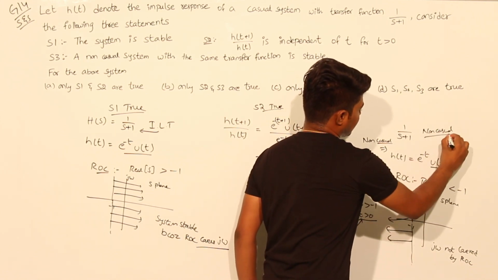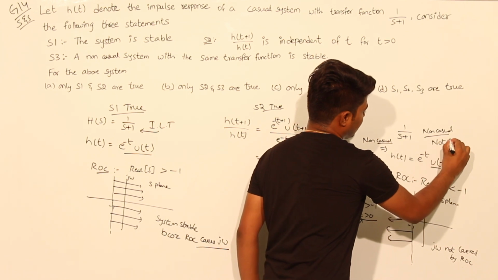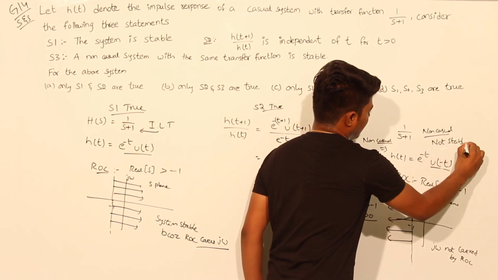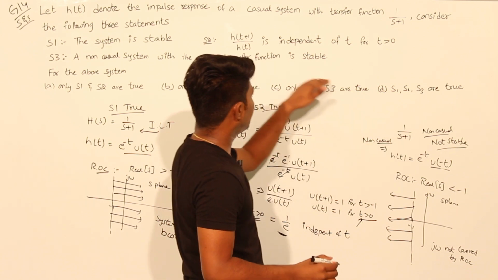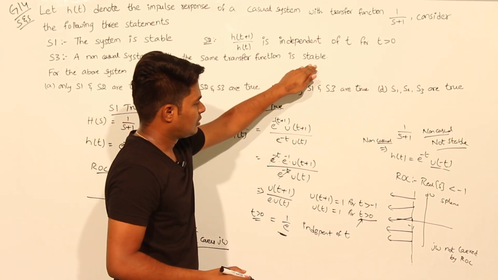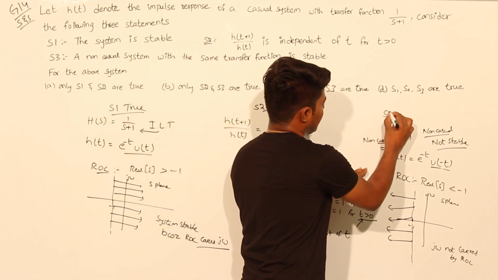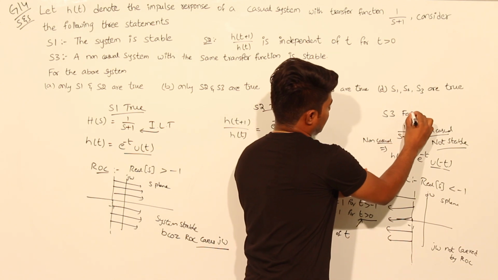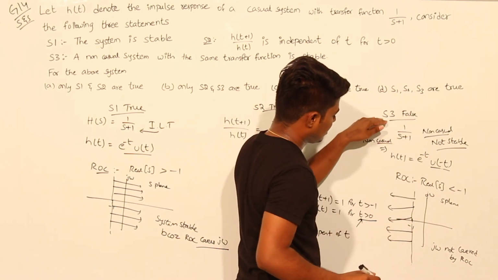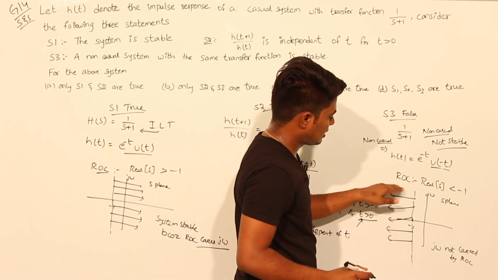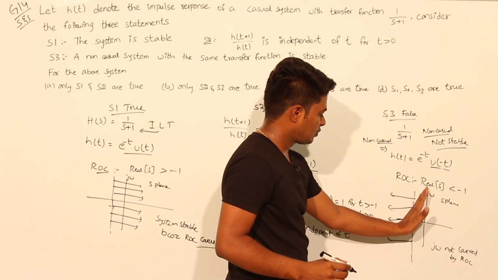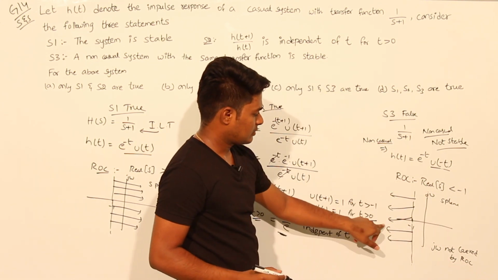We have taken a non-causal system, so the system is not stable. But in this statement they have given that it is stable, so we can say that S3 is false, because the ROC is not covering j omega, it is towards the left of minus 1.